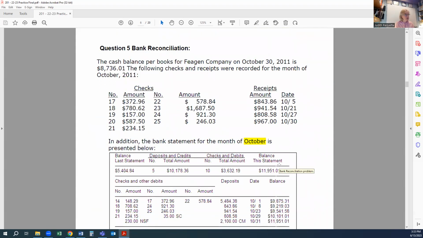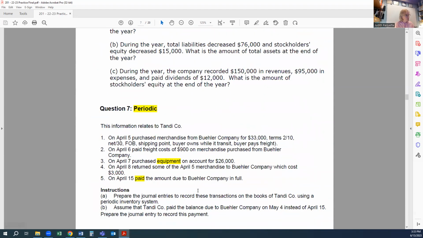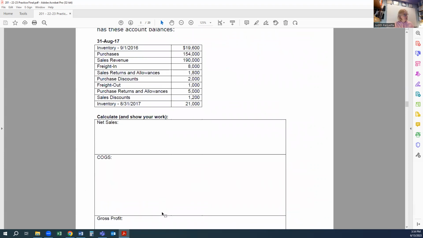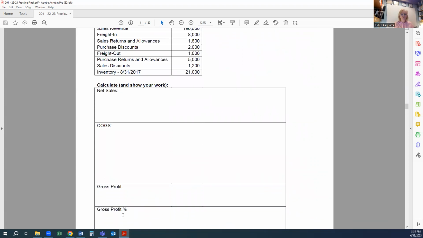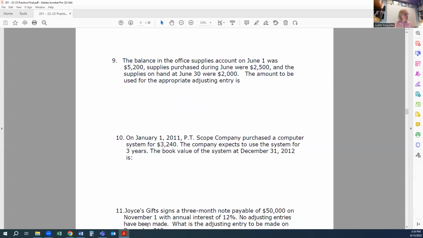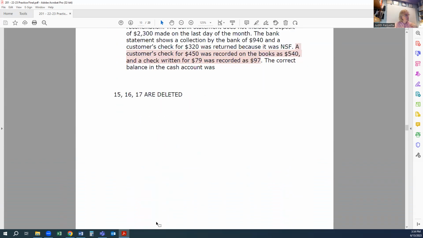And then finally, the bank reconciliation. And then more journal entries, calculating net sales, cost of goods sold, gross profit percent. And then we put in a bunch of extra problems in the back just to give you guys more drill. So there's going to be quite a few of those.